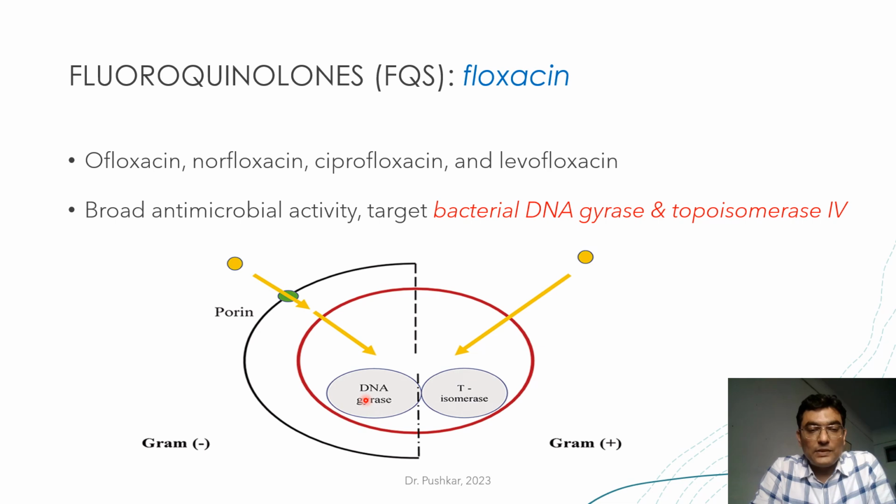DNA gyrase is present in the gram-negative bacteria while topoisomerase 4 is in the gram-positive bacteria. So the fluoroquinolones inhibit these two enzymes in gram-positive bacteria and gram-negative bacteria.